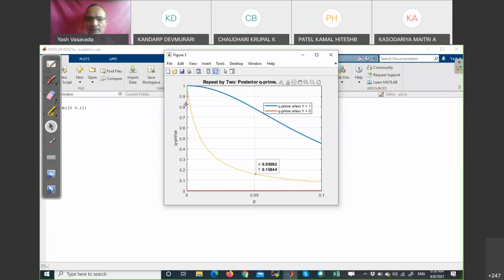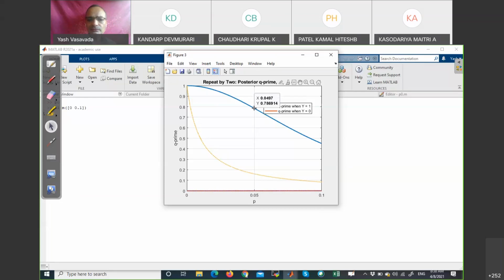This yellow line shows the posterior probability when you do just one test, and the blue line shows the posterior probability when you do 2 consecutive tests. Here you can see that the percentage already shoots up. It becomes close to 78%, 80%. So the answer that you had, around 32% or something, maybe that is not the correct answer.